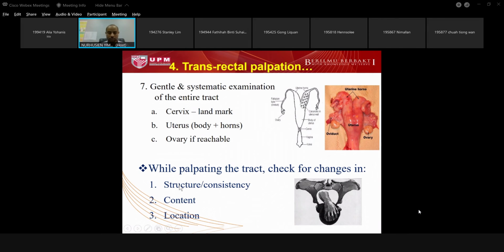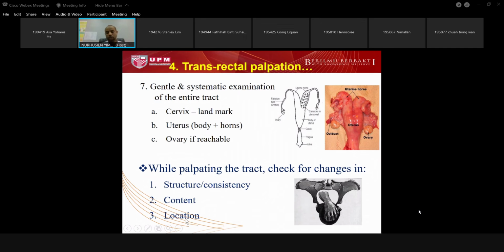One is the change related to the structure and consistency of the various compartments of the reproductive tract. The second is the content. You will also expect a change in content at the level of the uterus and at the level of the ovary. Another important change that you expect during pregnancy is location.